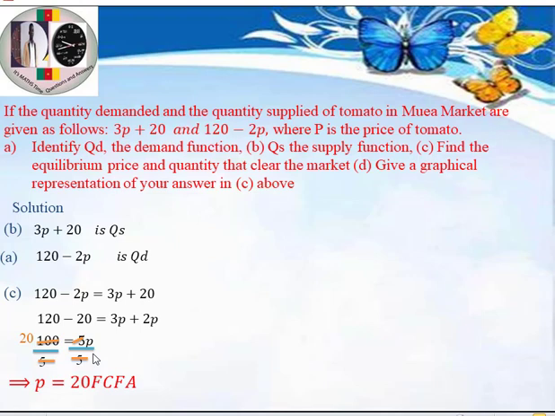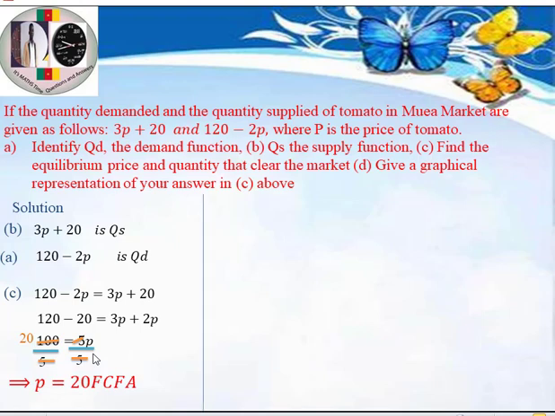So if we take this 20 francs CFA and substitute it into the quantity demanded function, we'll get the equilibrium quantity. If we also substitute it into the quantity supplied function, we will still have the same amount, because at the equilibrium price the quantity demanded must be equal to the quantity supplied. So you take the 20, which is the equilibrium price, and substitute it into any of the functions.